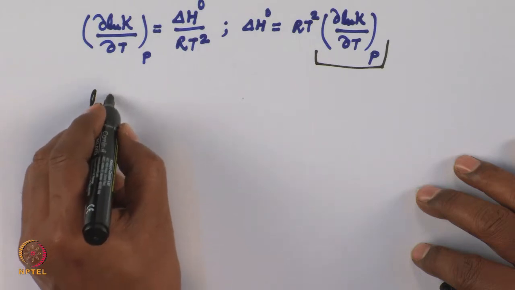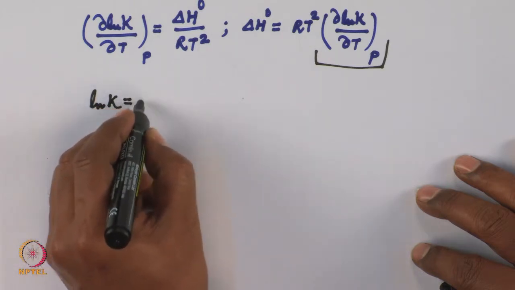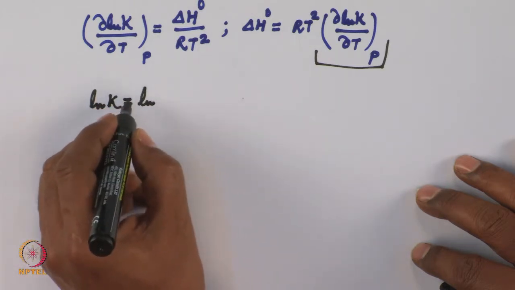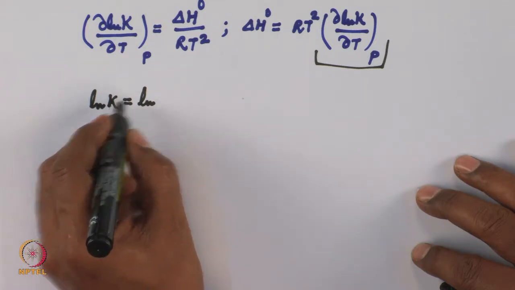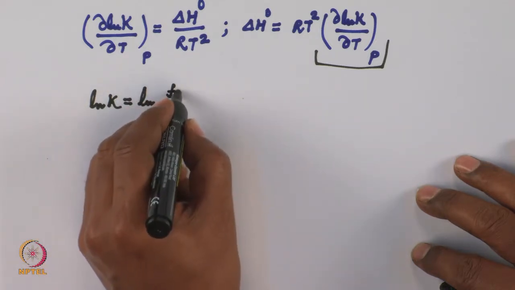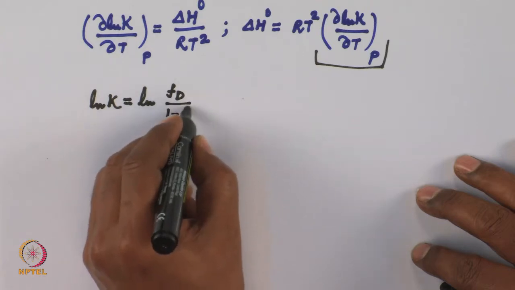Log K will be equal to log of K, which we have written as Fd over 1 minus Fd.